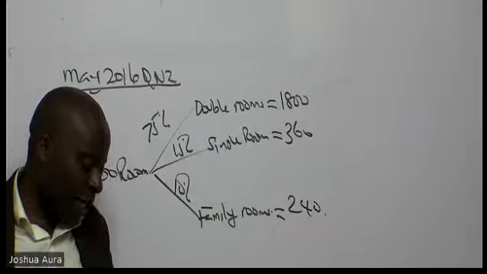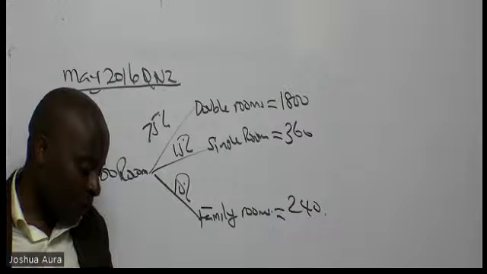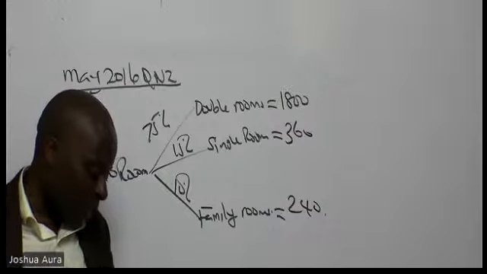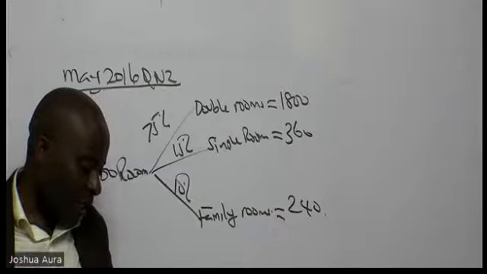For each shillings 100 increase or decrease, they expect the number of rooms to decrease or increase respectively by 40. The objective of the hotel management is to maximize profit. Calculate the fee that should be charged per double room per night in order to maximize profit during the tournament.